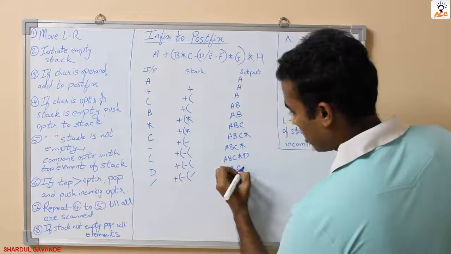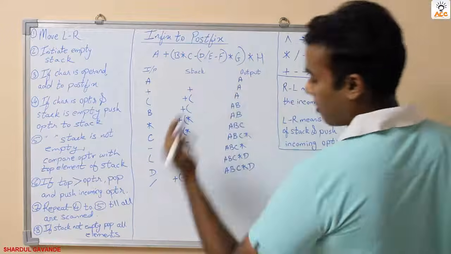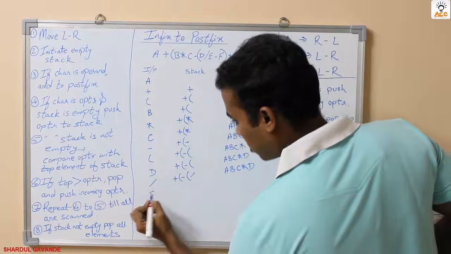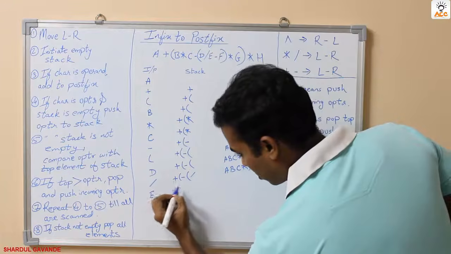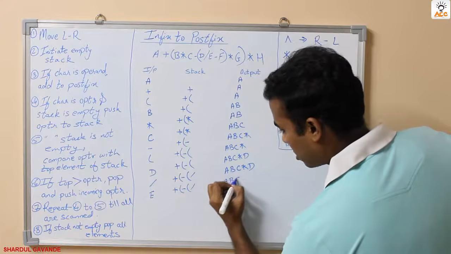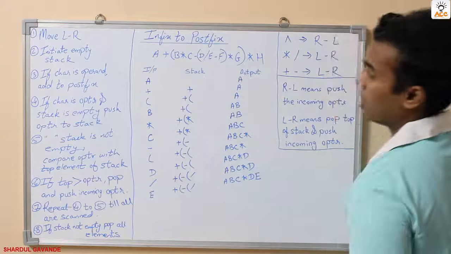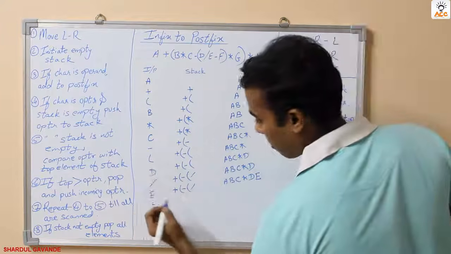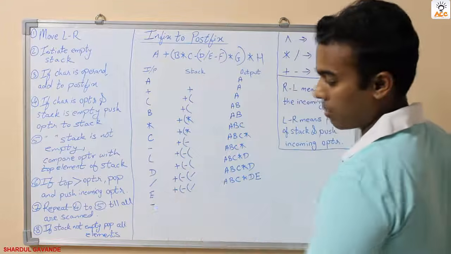A, B, C, star, D. Next what we have is E. E is what? A character or operand. So no changes over here. A, B, C, star, D and then E. Next I have what? Minus. So I will check this with this incoming operator.